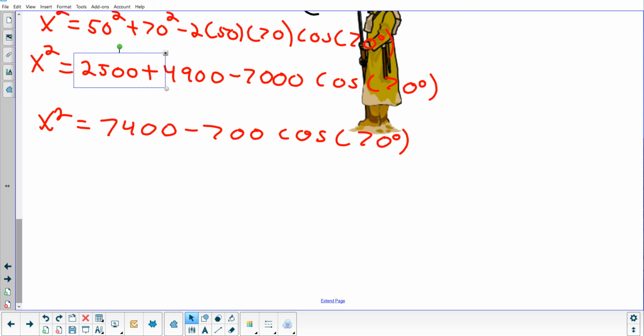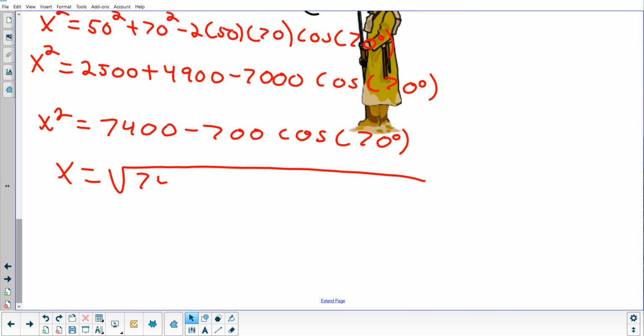I'm just going to leave that like that. All I want to do now is get rid of this exponent of 2. How do we get rid of that exponent? Find the square root. So I'm just going to type all of this in at once. Forgot my 0 on the 7,000, but I just fixed it.